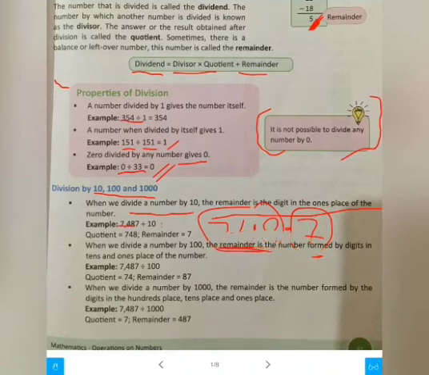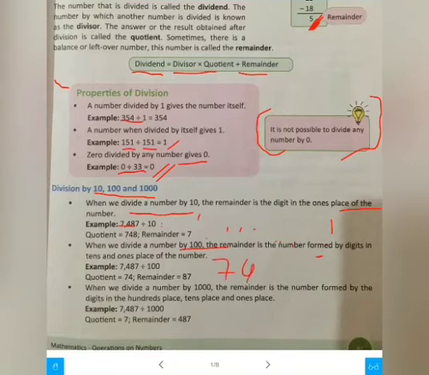Now, the next point, when we divide a number by 100. Now we are dividing by 100. It means now the decimal will come before two digits, like 74.87. So now this will be the remainder and this will be the quotient. So like this we will do that.